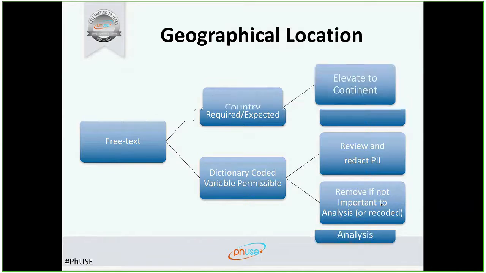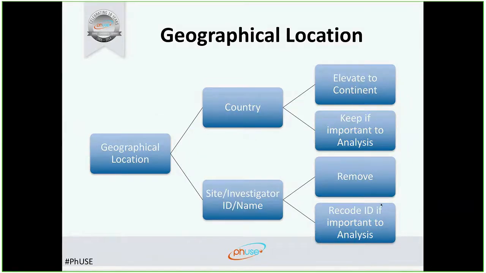Geographical location: what we find in clinical studies is obviously information about countries, about sites. Investigators also will give away the site and some geographical information. And for country, as a primary rule, we actually suggest to elevate to the continent, mainly because it brings the risk lower by default as soon as you start enlarging the geographical location, but otherwise we recommend to keep it if it's important to analysis.